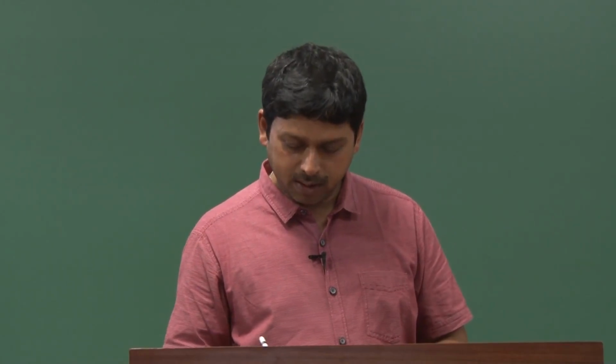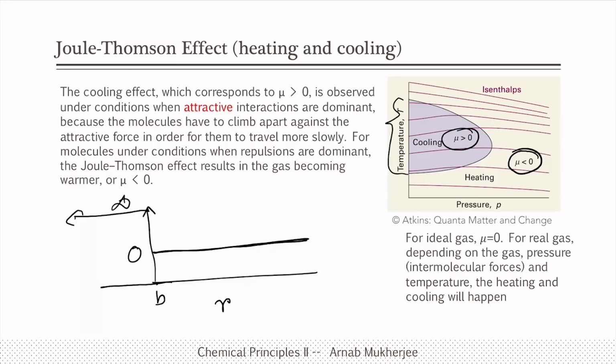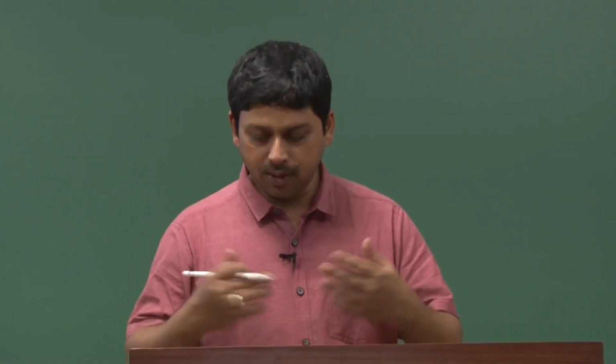It cannot get to B or below that value, that is the volume occupied by the particle. So it is a repulsive interaction. I have just shown you that anything below this value will be infinity, and at the value B it will be infinity, okay. And we see that is the repulsive potential, right, at the value of B, and that is what gives us a heating effect.